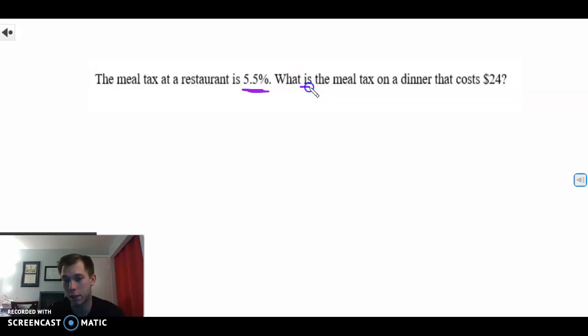What is the meal tax on a dinner that cost $24? Using your equation, A equals PB, go ahead and give this one a try and see if you can figure out what the amount of the meal tax was on a dinner that cost $24.